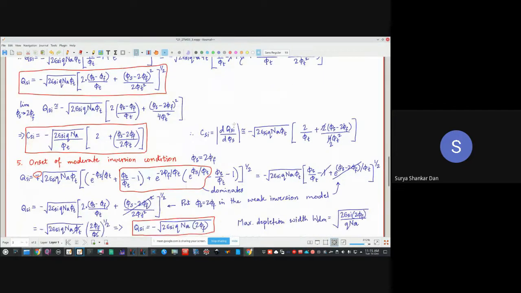Okay, so I think what would be better is that it will become 2 by phi t if you keep it.